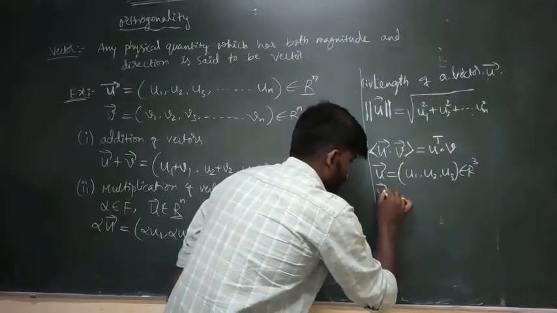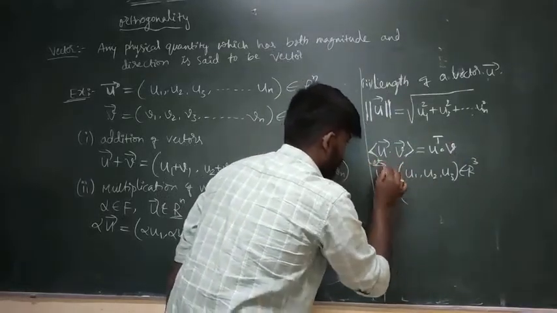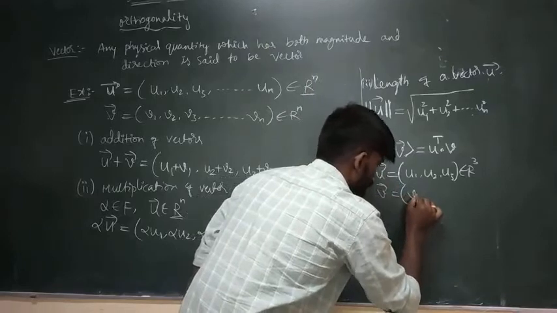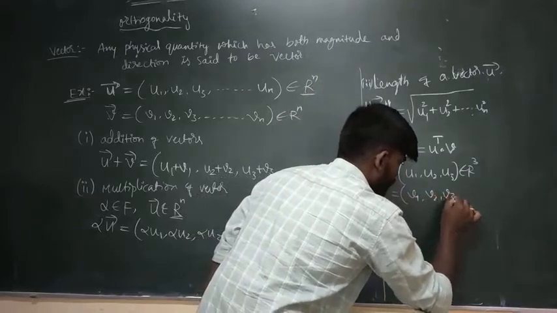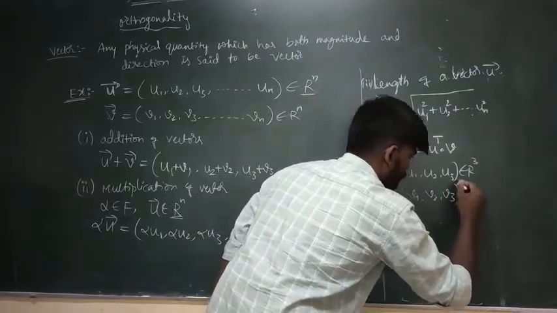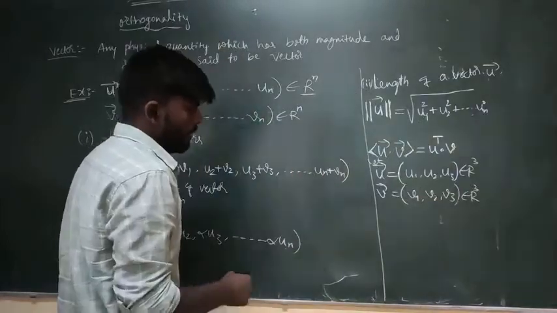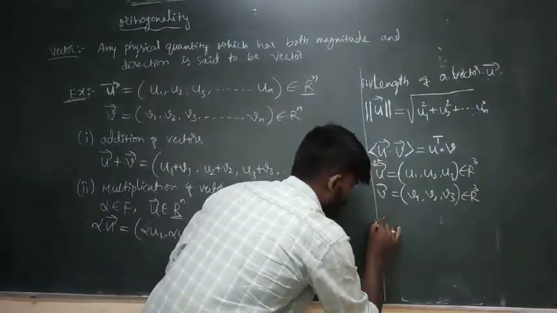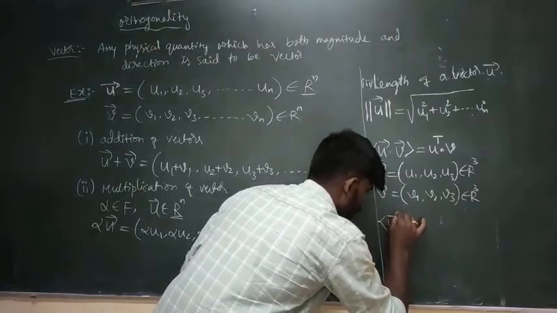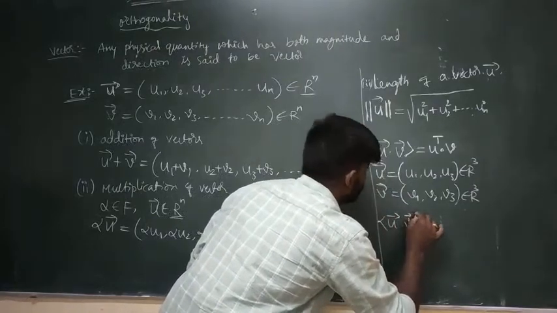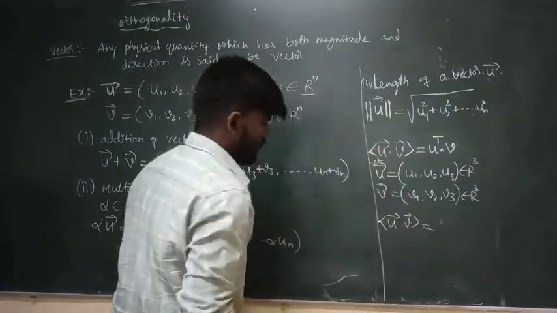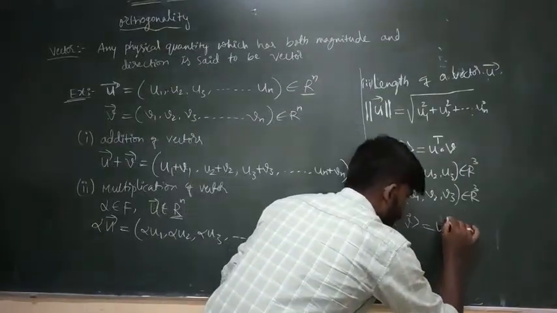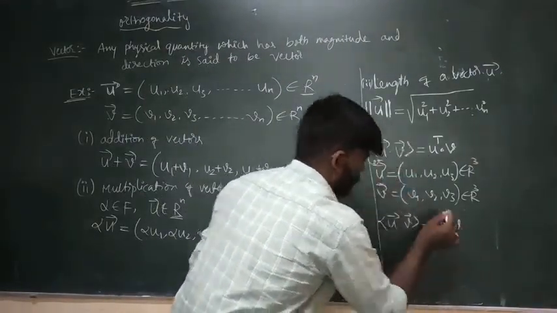Let vector u be this and vector v be this, v1, v2, v3, belonging to R3, three-dimensional vector space. The inner product of vector u and v is nothing but u transpose dot v.